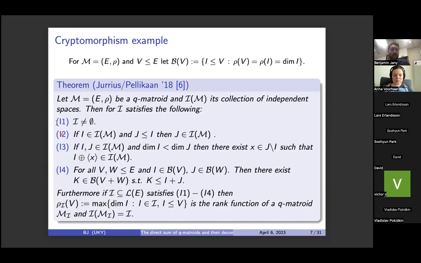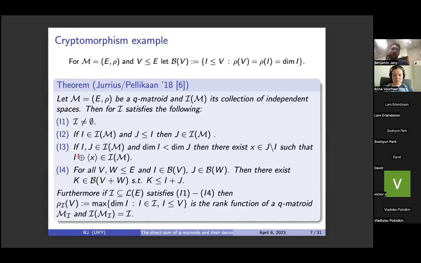And if you compare this to the cryptomorphism of independent sets for matroids, notice that for matroids, what we need are really just those first 3 properties. However, for q-matroids, if you only consider a collection of spaces satisfying those first 3 properties, you might not get a q-matroid out of it. So this cryptomorphism already gives an intuition that there's additional structure to your q-matroids that you might need to consider, right?